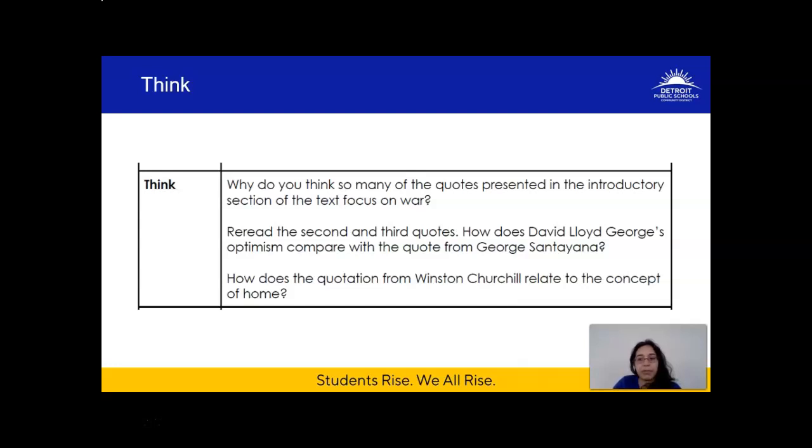As you read the quote by David Lloyd George, underline the words or phrases that convey optimism. Then think about how George's optimism compares with the quote from George Santayana. Finally, think about the quote from Winston Churchill. How do his words relate to the concept of home?